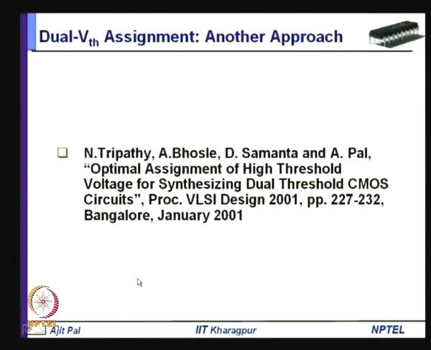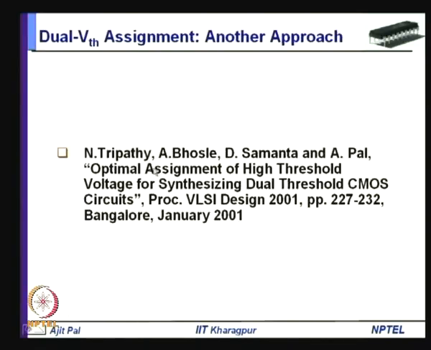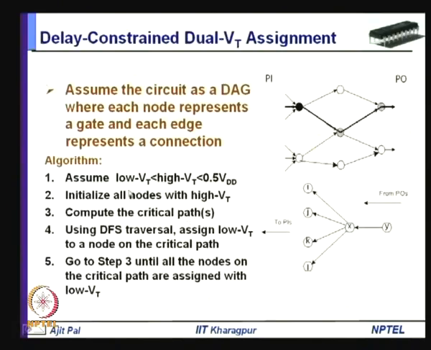Subsequently the algorithm that I have discussed has been extended by some of my students, N. Tripathi, A. Bhosle, D. Samanta, and there they used a different algorithm. Here you can see it is assumed that low VT and high VT are less than 0.5 VDD.